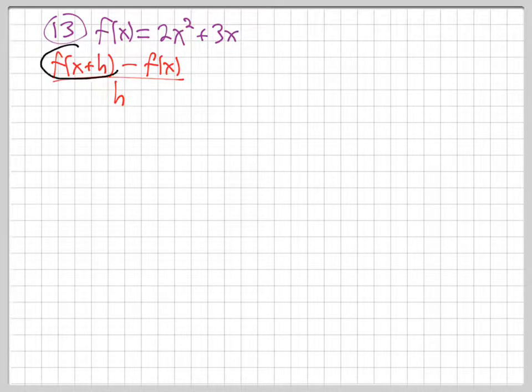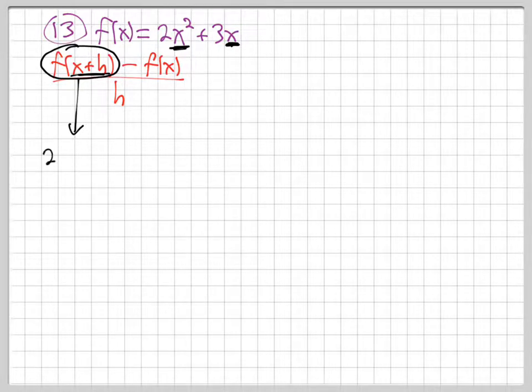So first off, this part, f of x plus h. How do we do that? You plug x plus h in here and there. Remember? That's what the x is in a function. It's the insert slot.